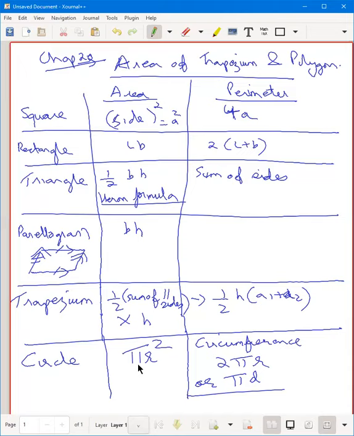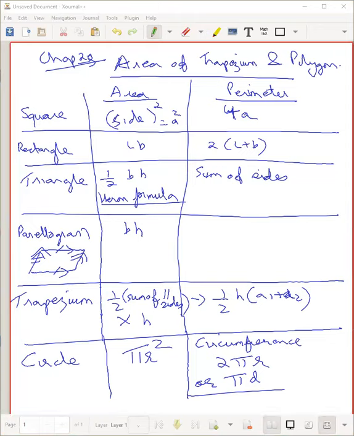Everyone copy these down. If there's any doubt in any formula, ask me. I want everyone to mark these formulas up. These are very important formulas which are going to be used throughout your academic career.